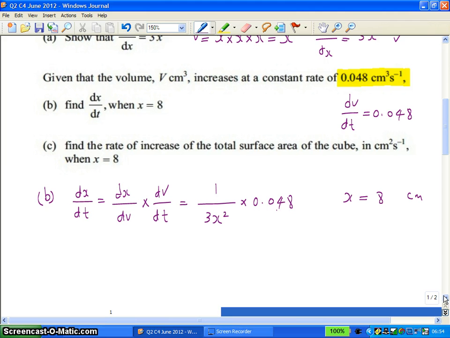So the next thing to do is to substitute x equal to 8, and we get a numerical value for dx/dt: 1 over 3 times 8 squared, times 0.048, and implement that on the calculator.